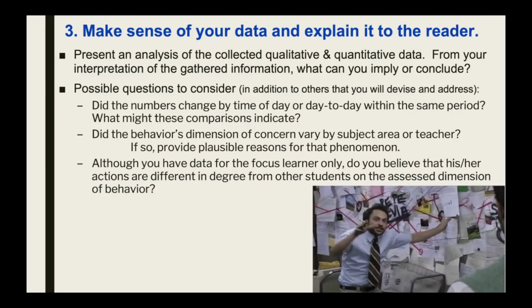Like, if the numbers did vary from day to day or class to class or time of day, why do you think that might be? Maybe it has something to do with the subject matter and the student's interest in it. Might it have something to do with the relationship with the teacher?